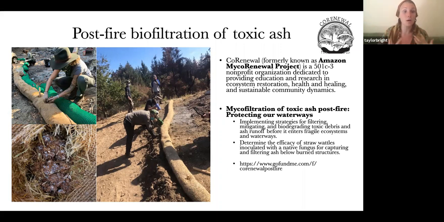It can absorb the toxins or completely transform them to be no longer toxic. It's a superpower of a lot of these mushrooms. So that's one way we can help in our fire ecologies.